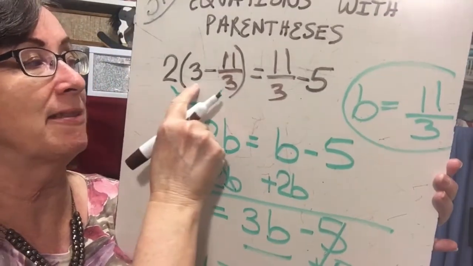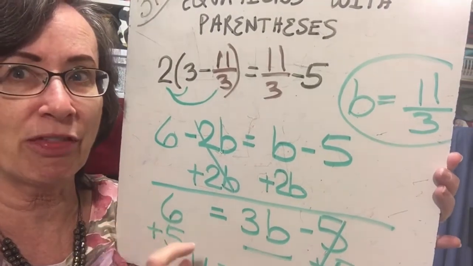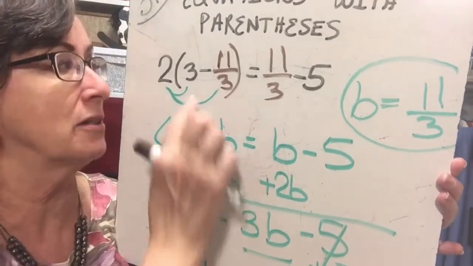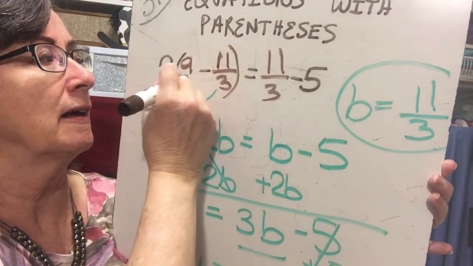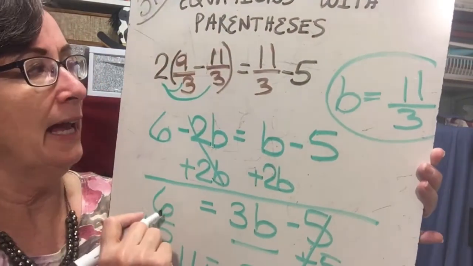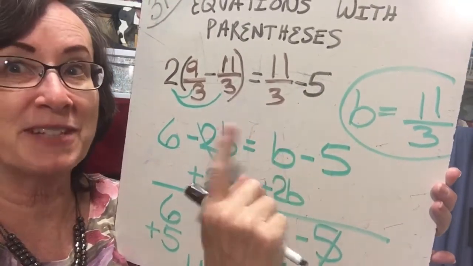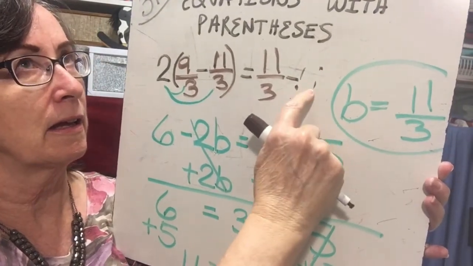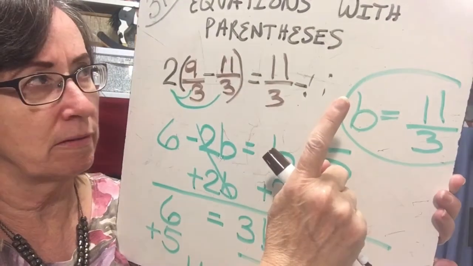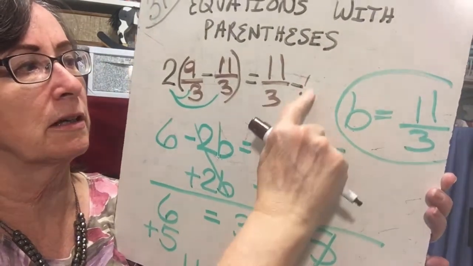So I'm going to take this 3, pull it out and make it 9/3, because isn't 9/3 3? Okay, and I'm going to take this 5 and make it 15/3.